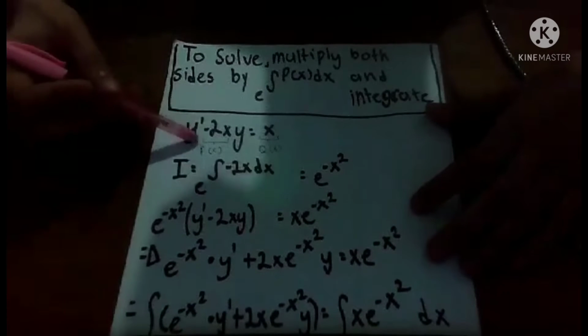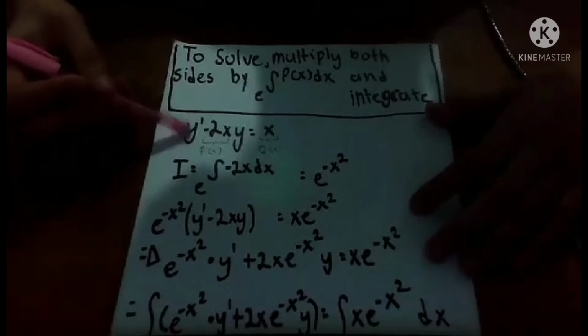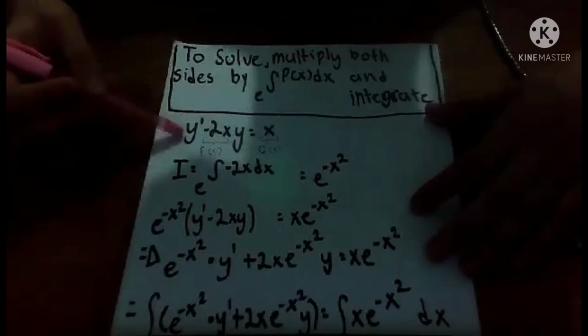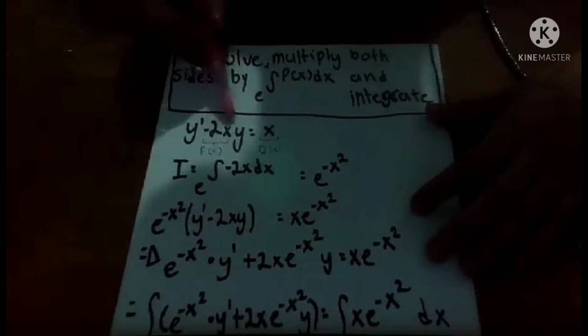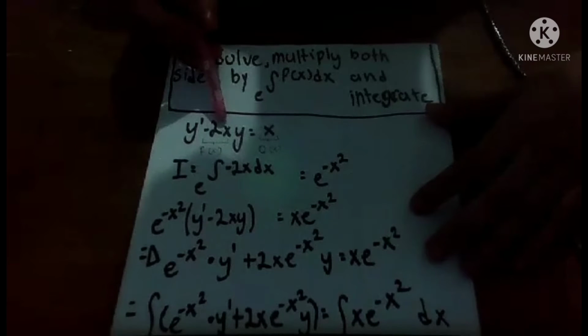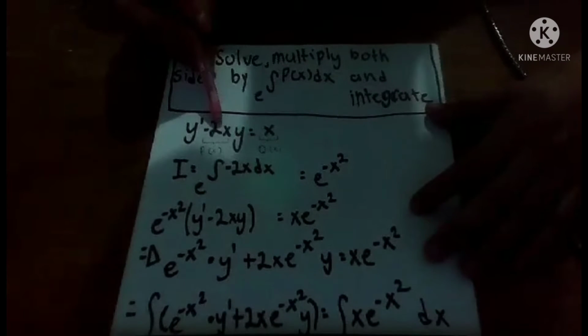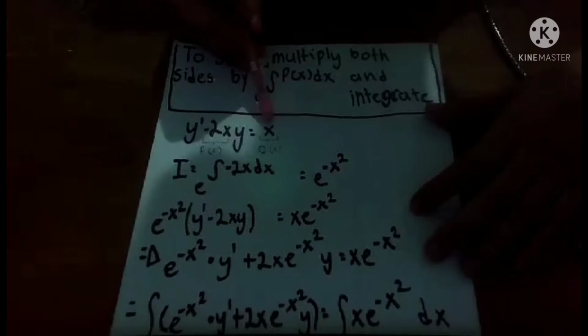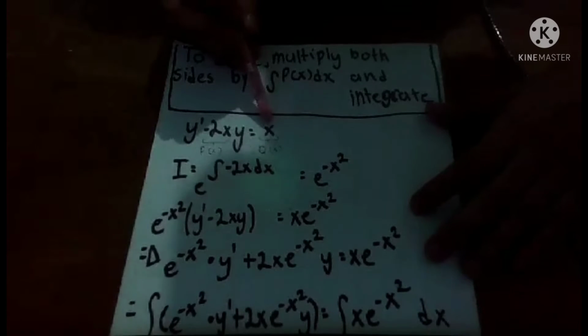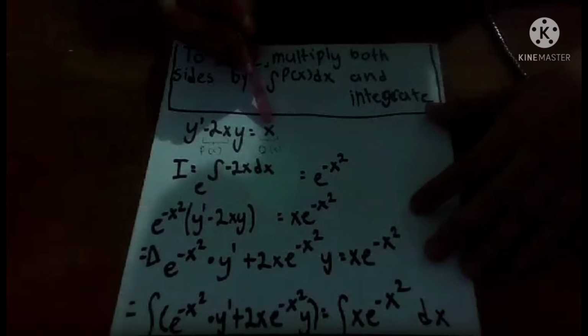So here's our dy dx. This will be our term for p of x. It will be negative 2x, and x is our term for q of x on the right side.